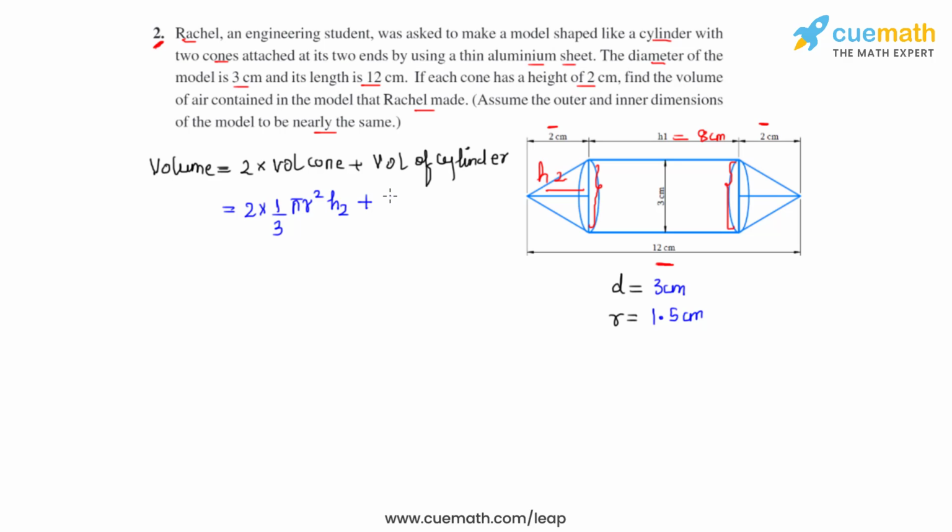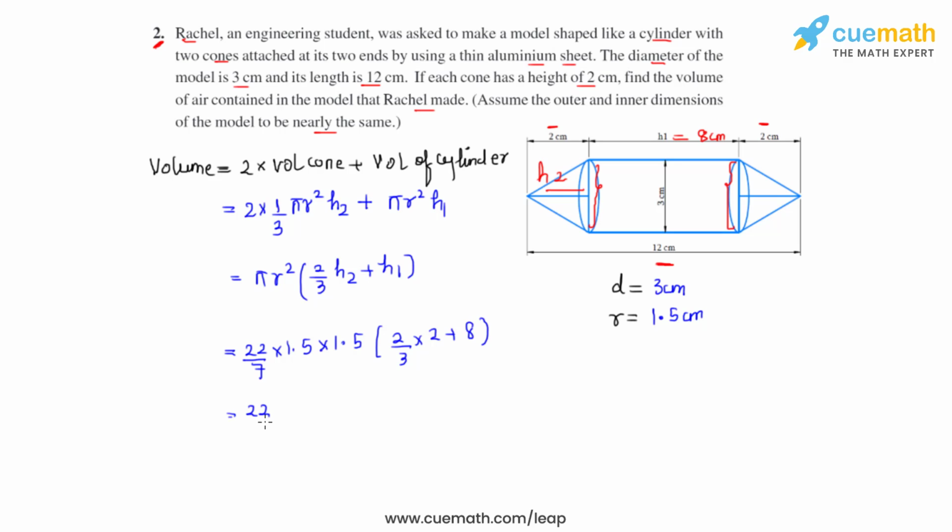Plus the volume of the cylinder is written as pi r square h1. Now we can take pi r square common and we are left with 2 by 3 h2 plus h1. Now let's substitute the values. 22 by 7 times 1.5 times 1.5 times 2 by 3 times h2, which is 2, plus h1, which is 8.